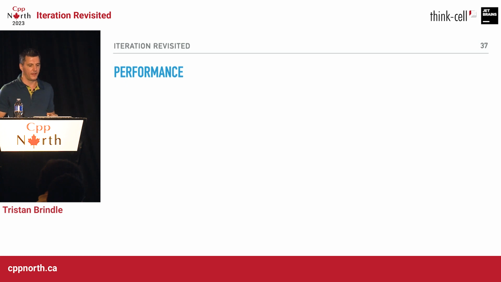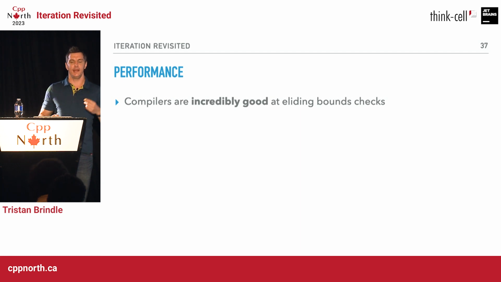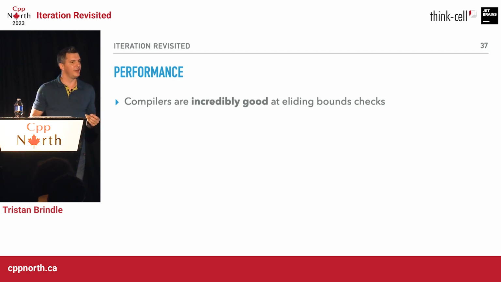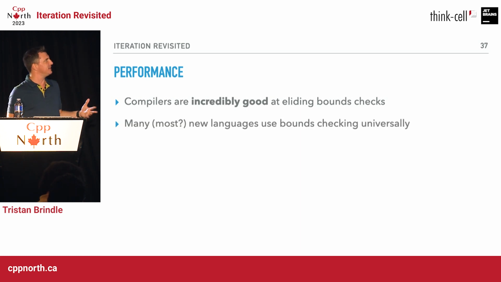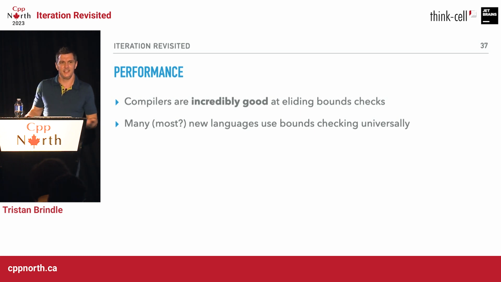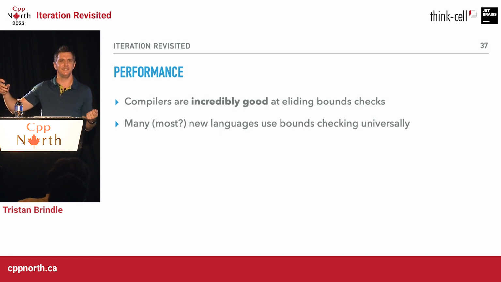But here's the thing. Compilers are incredibly good at eliding bounds checks in many, many cases, right? And part of the reason for this, I think, is that almost all languages written in the last 30 years use bounds checking universally. It's kind of hard to think of a language that doesn't have bounds checking in whatever its native array type is.